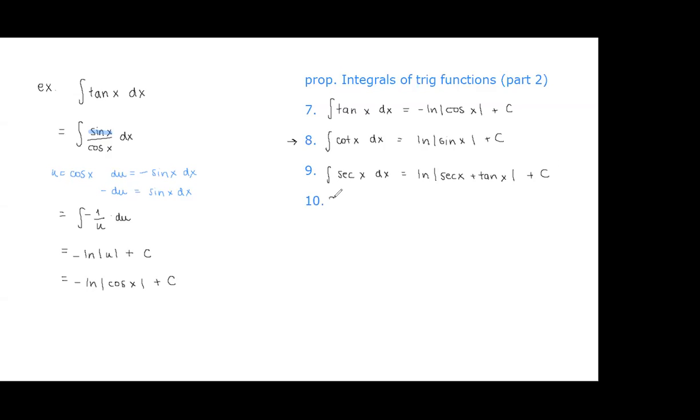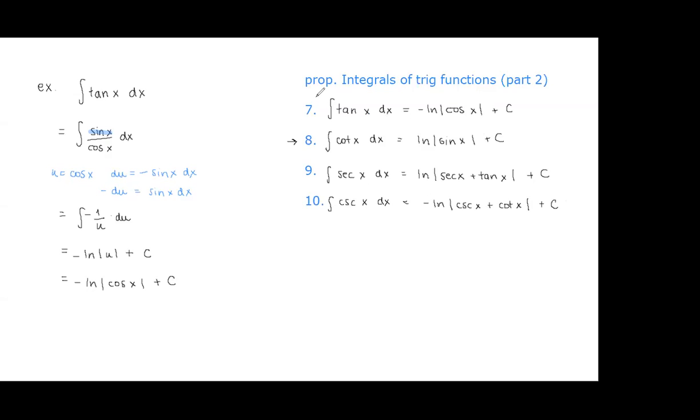And finally, the last one is going to be the antiderivative of cosecant of x with respect to x, which is going to be minus ln of cosecant of x plus cotangent of x plus c. Okay, so these are the last integrals of trigonometric functions that you'll be required to know.